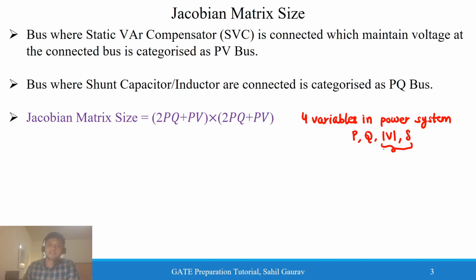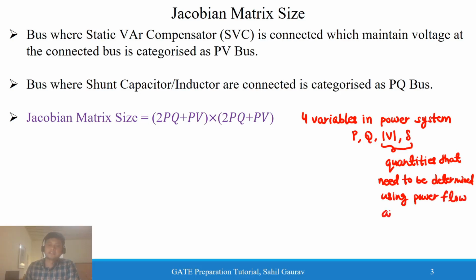So these are the unknowns, the quantities that need to be determined using power flow analysis techniques like Gauss-Seidel and Newton-Raphson.